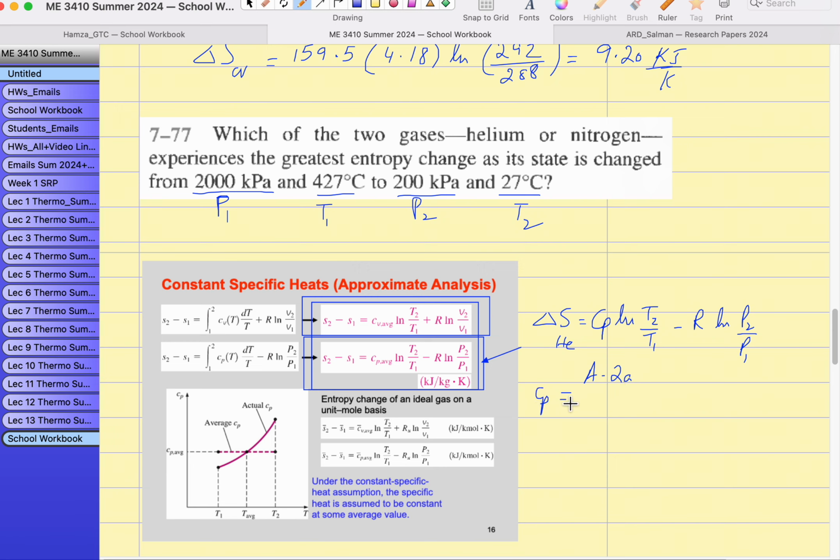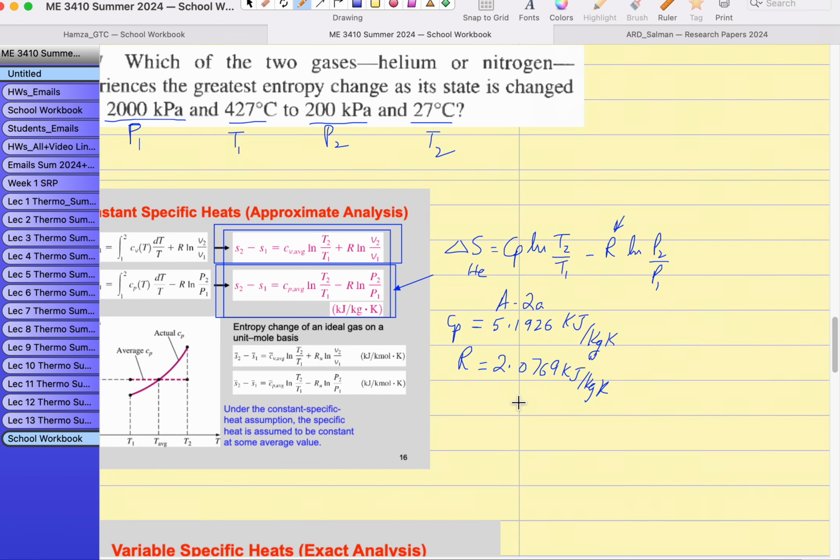Cp for helium from table A-2a is equal to 5.1926 kilojoules per kilogram Kelvin. Similarly, the R value from the same table is equal to 2.0769 kilojoules per kilogram Kelvin. And we just have to plug in the values here and find the answer.